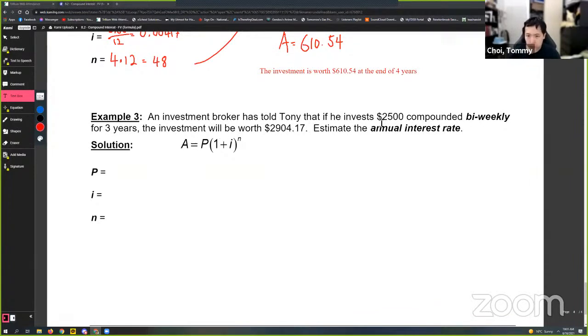Tony, if he invests $2,500 compounded bi-weekly for 3 years, it should be worth $2,904.17. Estimate the annual interest rate.